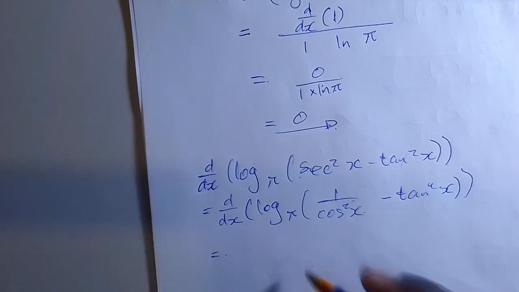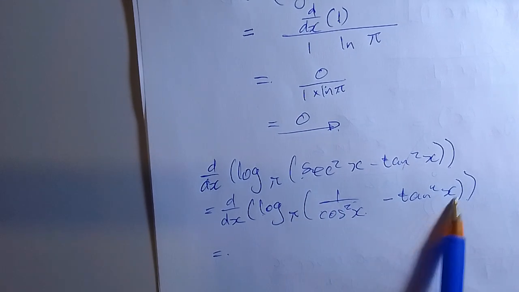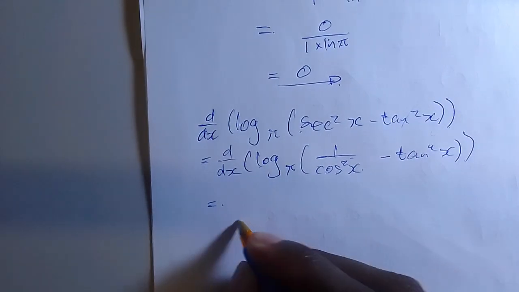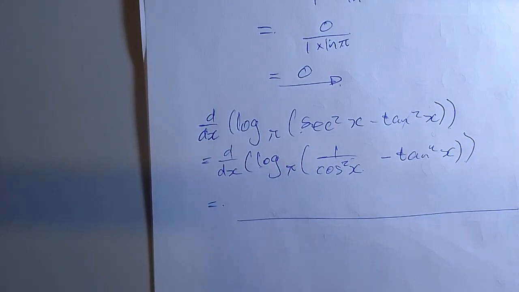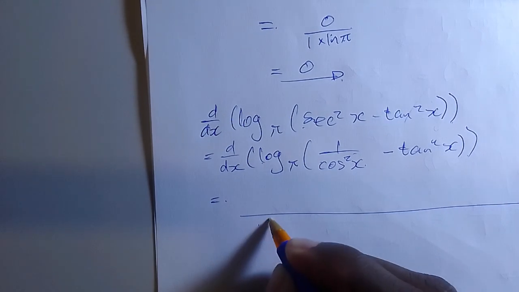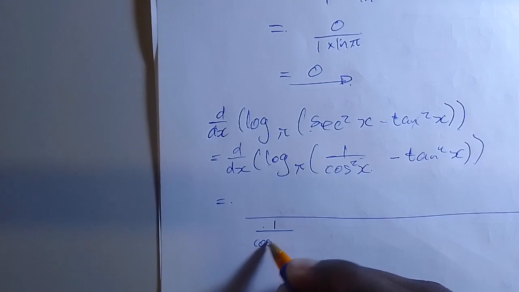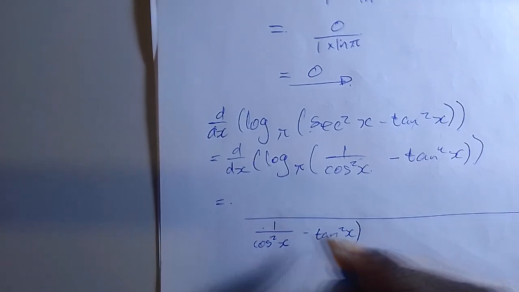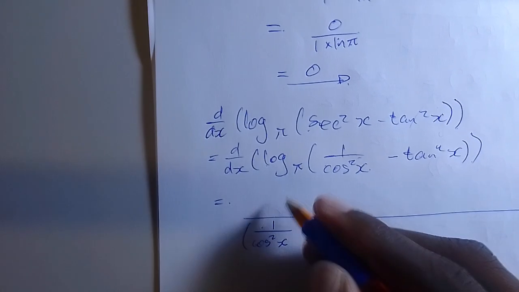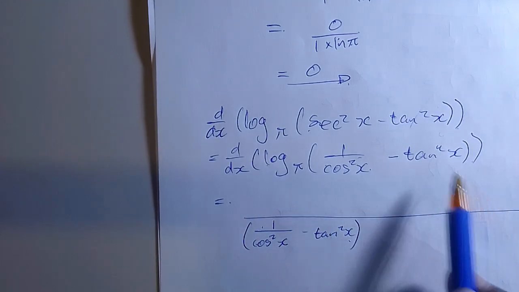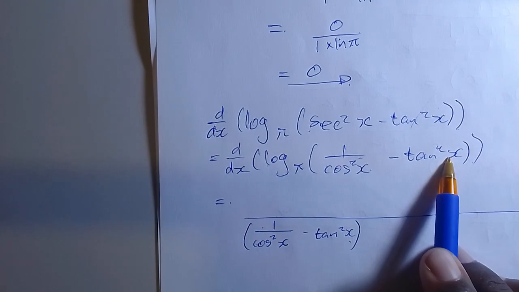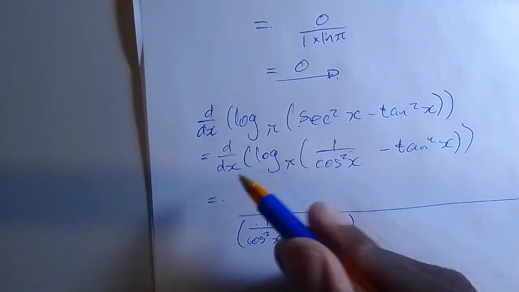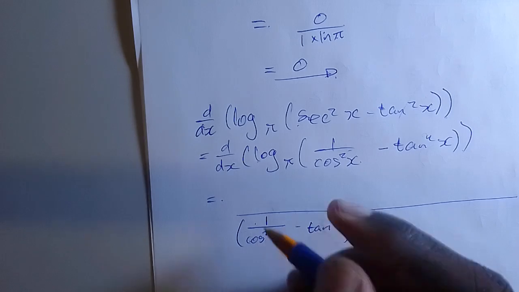Now I'm going to write the entire function as it is on the denominator. So now we are finding the derivative. I'm going to write the entire function, which is 1 over cos squared x minus tan squared x. And then on the top, I have to find the derivative of this function. So for the derivative of 1 over cos squared x, I have the quotient rule.